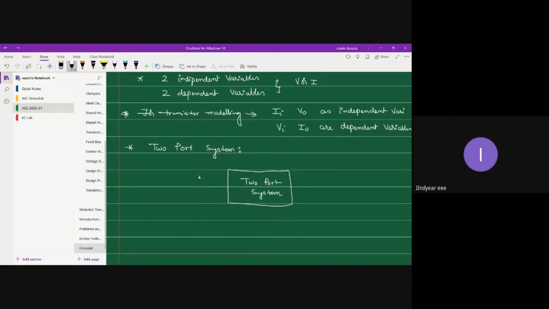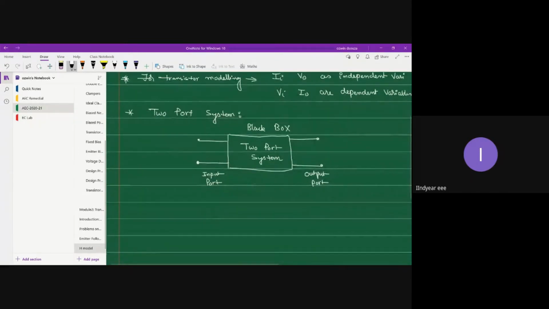As I said in the beginning, it will have an input port and an output port. Basically this is your black box. As of now we do not know what the elements of this black box are.